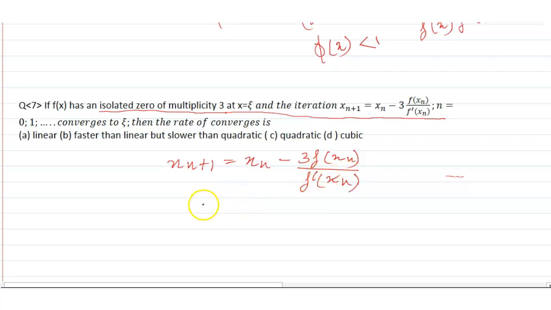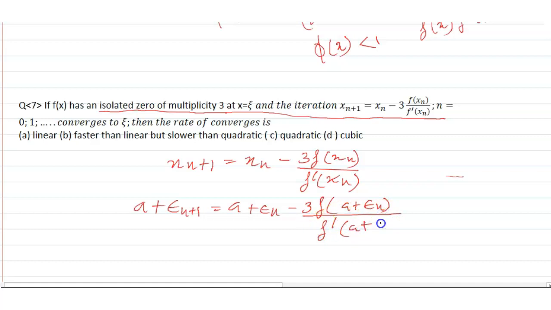Now I can write the error as epsilon(n+1) equal to a plus epsilon n minus 3 into f(a plus epsilon n) divided by f dash (a plus epsilon n).